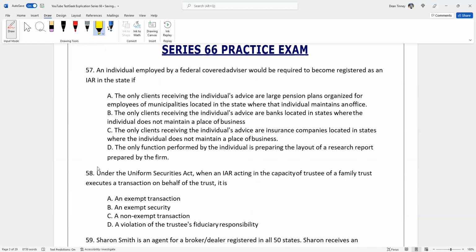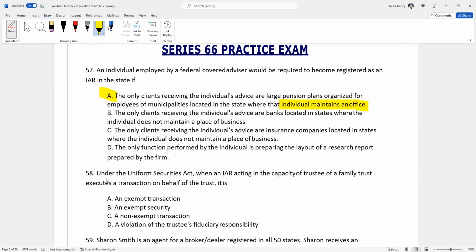An individual employed by a federal covered advisor, I'm going to say me, would be required to become registered as an investment advisor rep in the state if the only clients receiving the individual advice are large pension plans organized for employees of municipalities located in the state where that individual maintains an office. So the rest of that is just Brian trying to throw us off the track. All that comes before that is meaningless to answering this question, which is A.